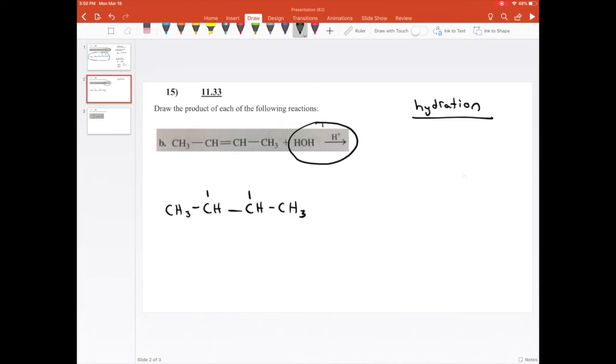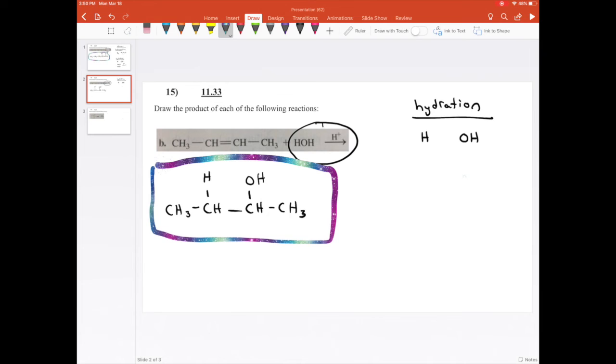But because it's hydration, we're going to be adding H and OH instead of H and H. In this case, the molecule is symmetrical, so it doesn't matter where you put the H and the OH. I'm going to put the H on the left and the OH on the right, but you could have just as well done the opposite in this particular molecule. And so this is the product you'd get if you did hydration with the alkene that they give you here.